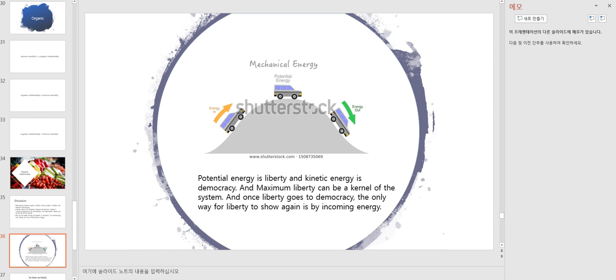Potential energy is liberty, and kinetic energy is democracy. Maximum liberty can be the kernel of the system, and once liberty goes to democracy, the only way for liberty to show again is by incoming energy.